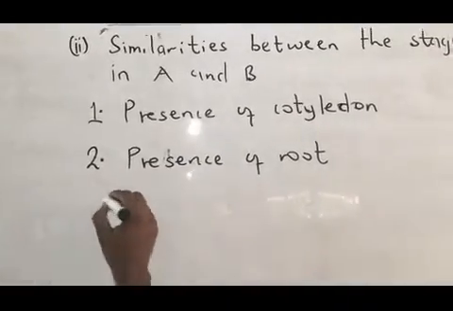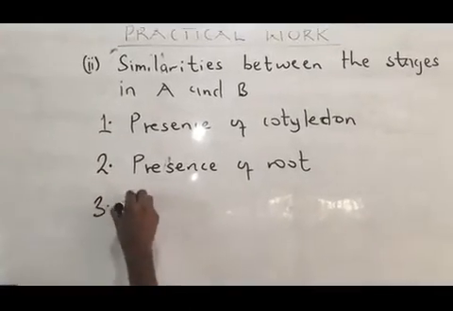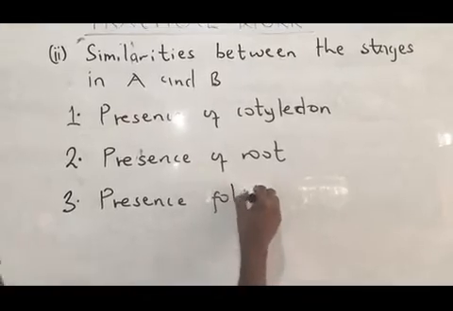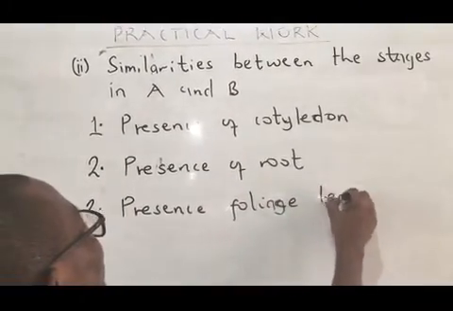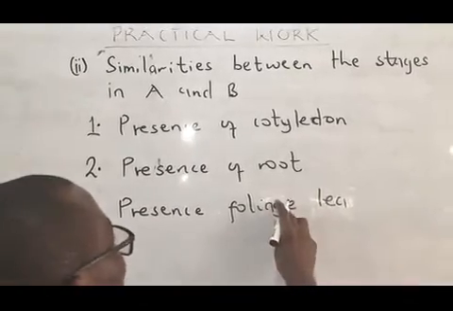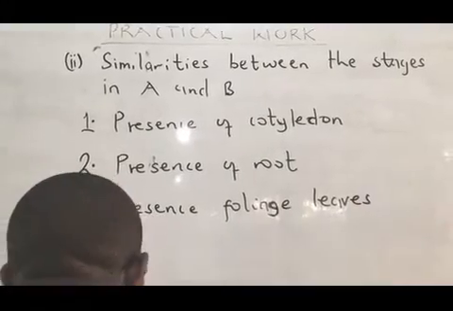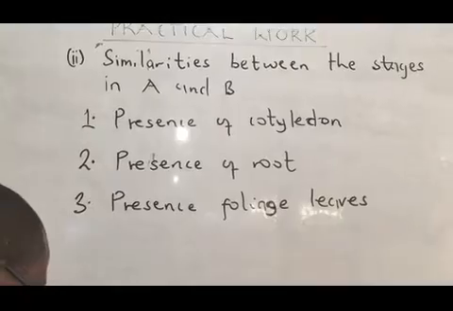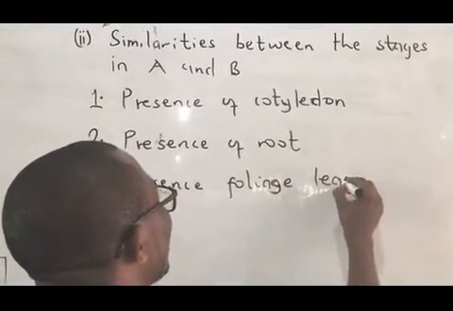So there's also presence of foliage leaf in B as well as A. So presence of foliage leaf.